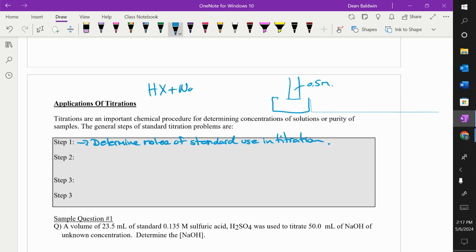Say this is my reaction. H2X plus NaOH goes to Na2X plus water. So you have to balance it, right?